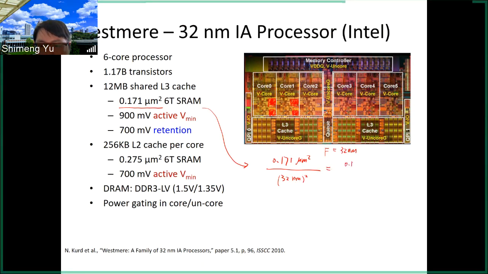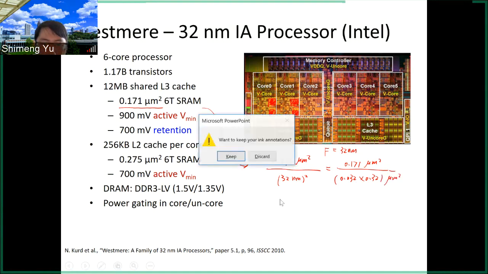We need to change it, so let's do it in micrometers. 32 nanometers is 0.032 micrometers.